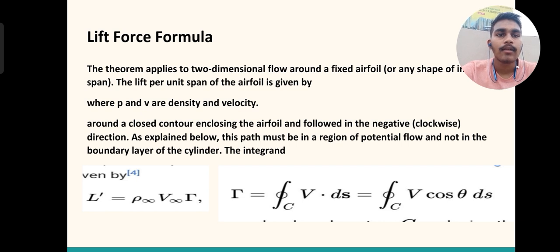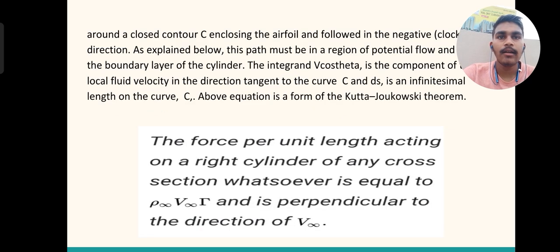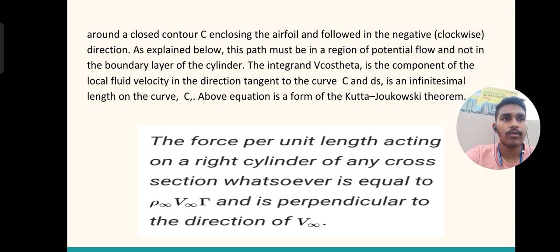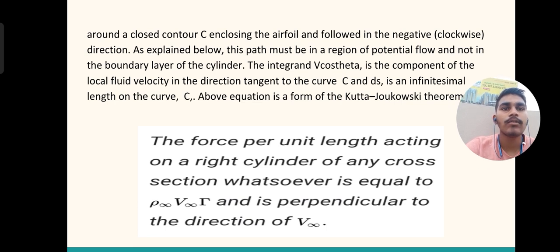That is, gamma equals the closed integral over C of V dot ds, equals the closed integral over C of V cos theta ds. The integral is around the closed contour C enclosing the airfoil and followed in the negative, clockwise direction. This path must be in a region of potential flow and not in the boundary layer of the cylinder.